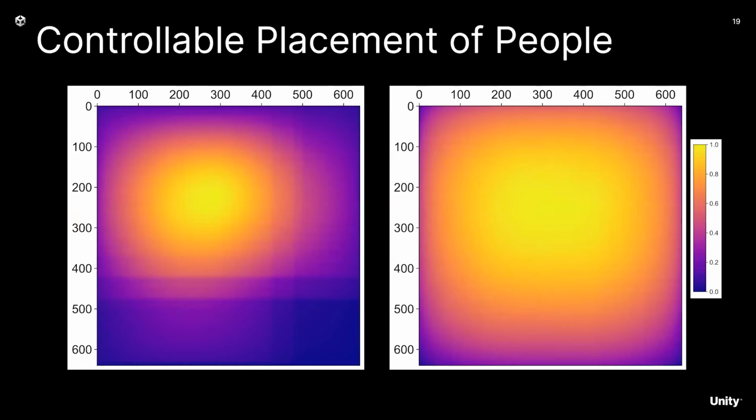Additionally, you have this controllable placement of people. Here, I'm showing you a heat map. Oh, there's a label missing. On my left, the one with the smaller heat map, that is COCO. Here, what we're overlaying is the bounding box locations in every frame.